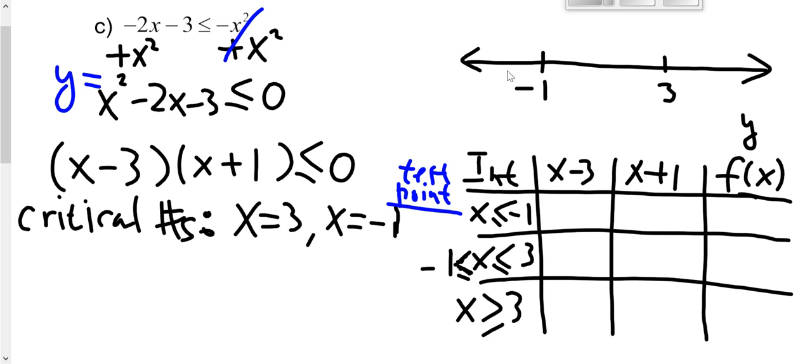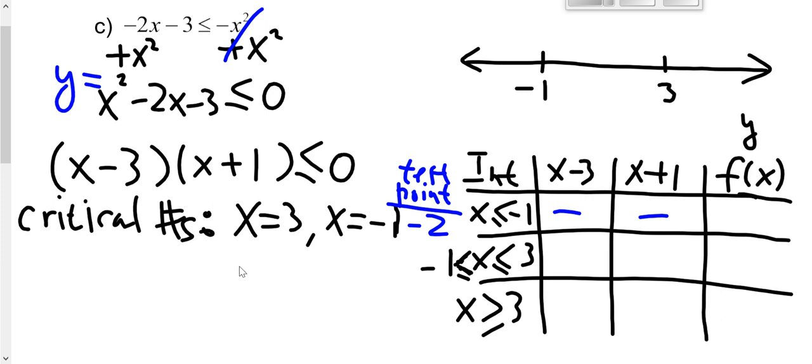So anything less than or equal to -1, pick -2. Okay, so plug in -2 for x here. That will give you a negative number. Plug in -2 here for x. This factor would give you a negative number.